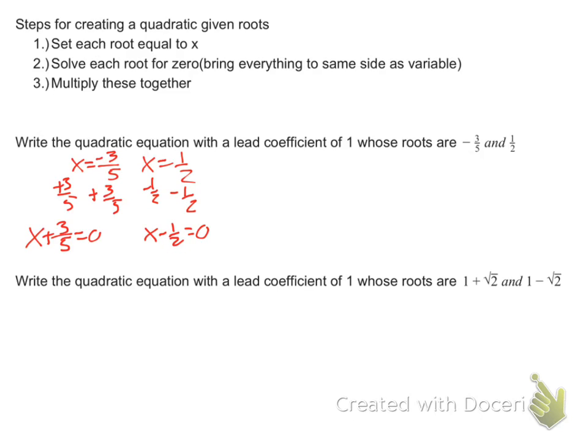Why we do this is because these two pieces here are those factors from the other slide that we set equal to 0 to solve. And so now it's just x plus 3/5 times x minus 1/2. Still equals 0, guys, because if one number or both numbers equal 0, when you multiply it, it equals 0.